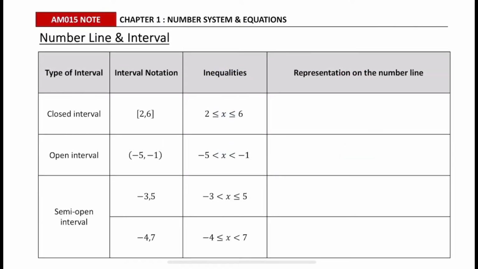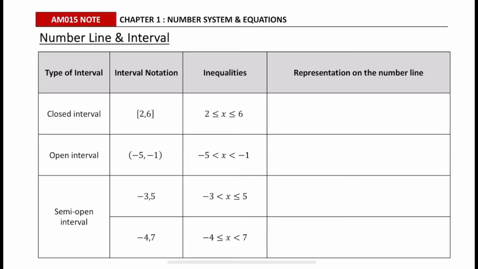An interval is all the numbers between two given endpoints. There are 3 main ways to show intervals, which are interval notation, inequalities, and the number line. A closed interval is written with square bracket. Its inequality form is x greater than or equal to 2 and less than or equal to 6.